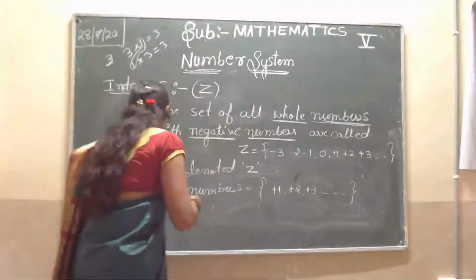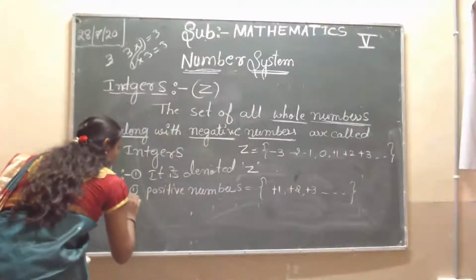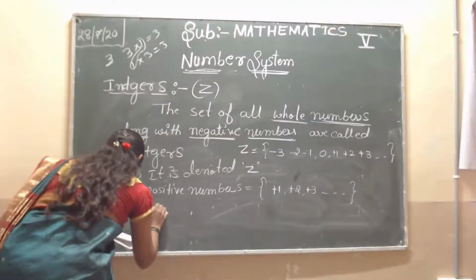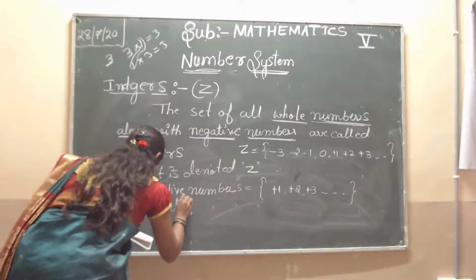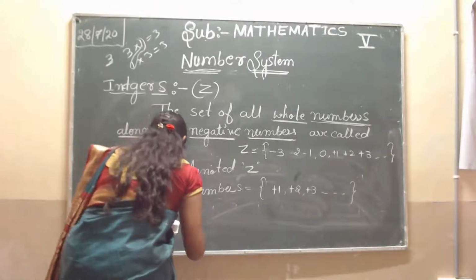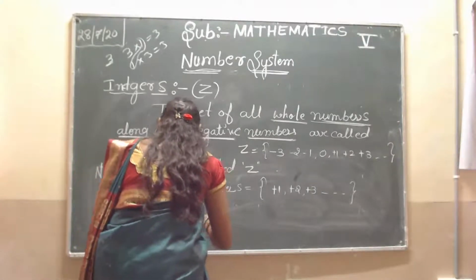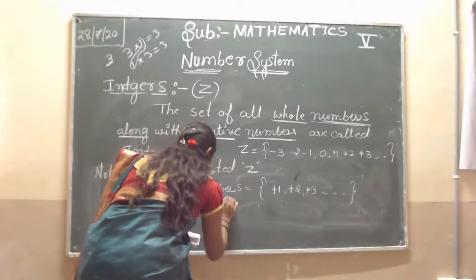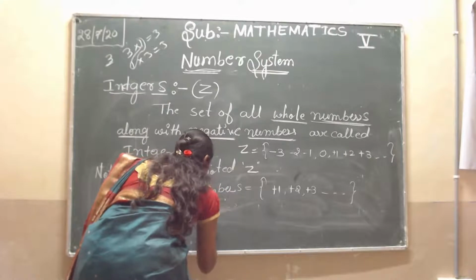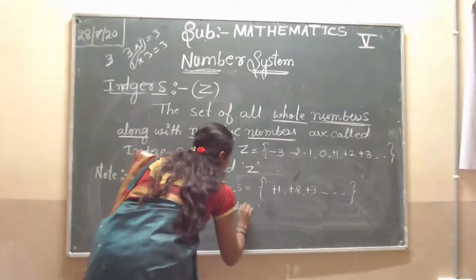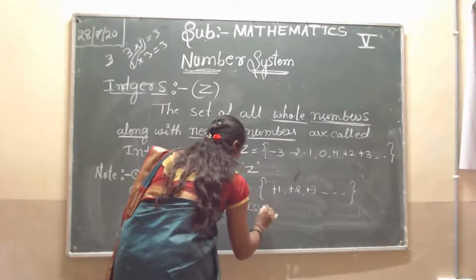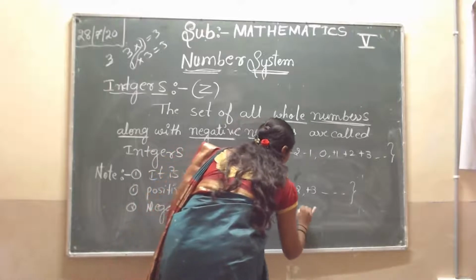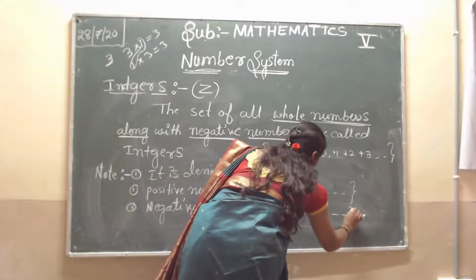Negative integers are -1, -2, -3, and so on.